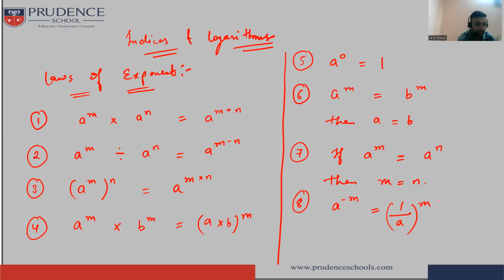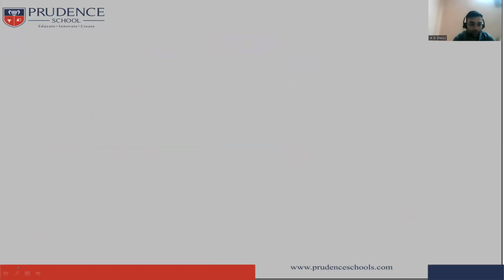So let's do the questions. So question number 1, for example, if we have 81 upon 16 whole raised to power minus 3 upon 4.